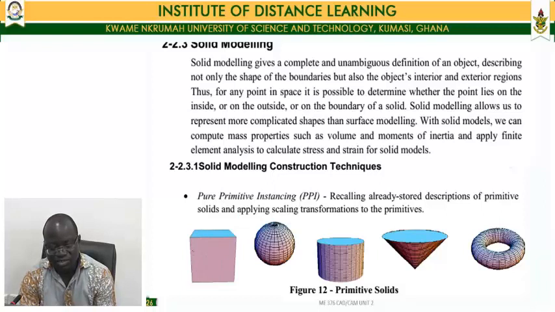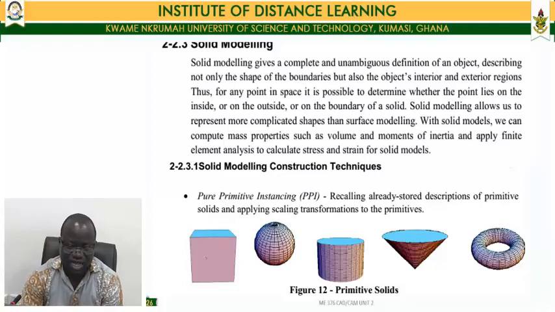So the modeling that is shown here is actually called surface model because you can see the surface which is defined. So just going back to define surface model is that it does not only define the edges of a 3D but also the surface.